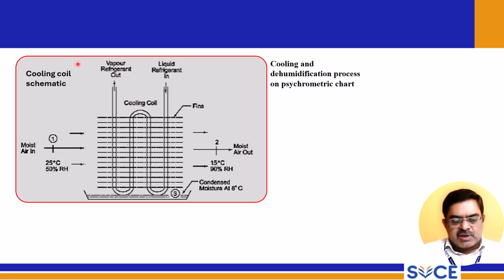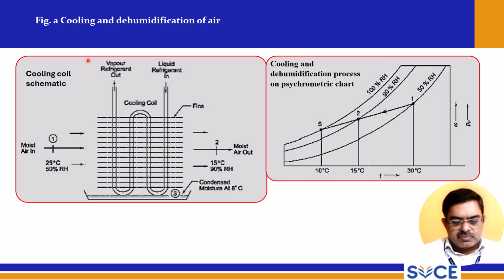So this is the cooling coil schematic, and the next is the cooling and dehumidification process on the psychrometric chart. This is the psychrometric chart, and these are the dry bulb temperatures, 10 degrees and 15 degrees.